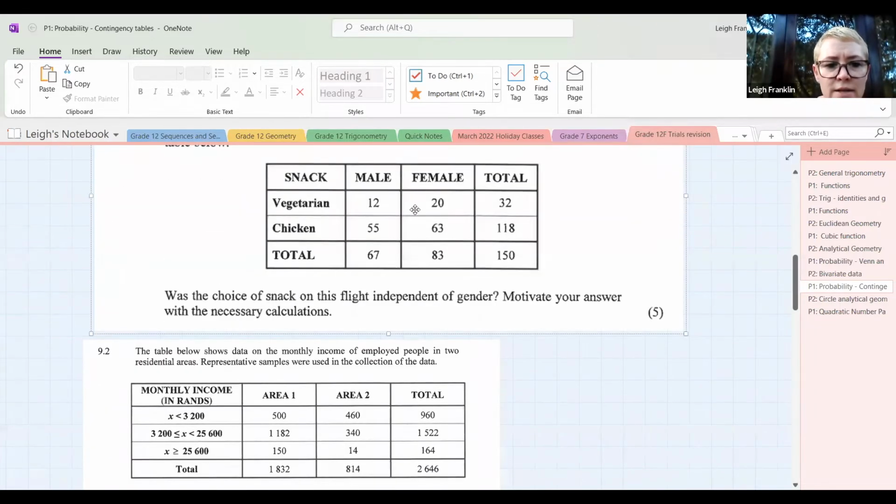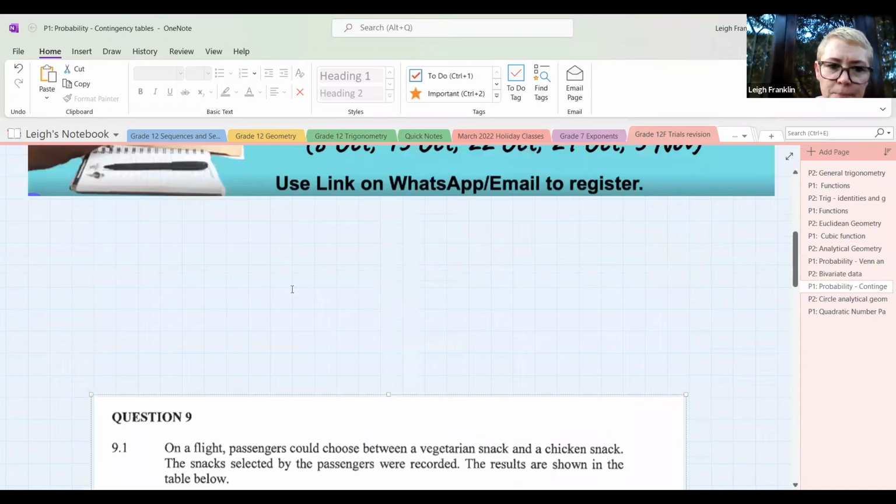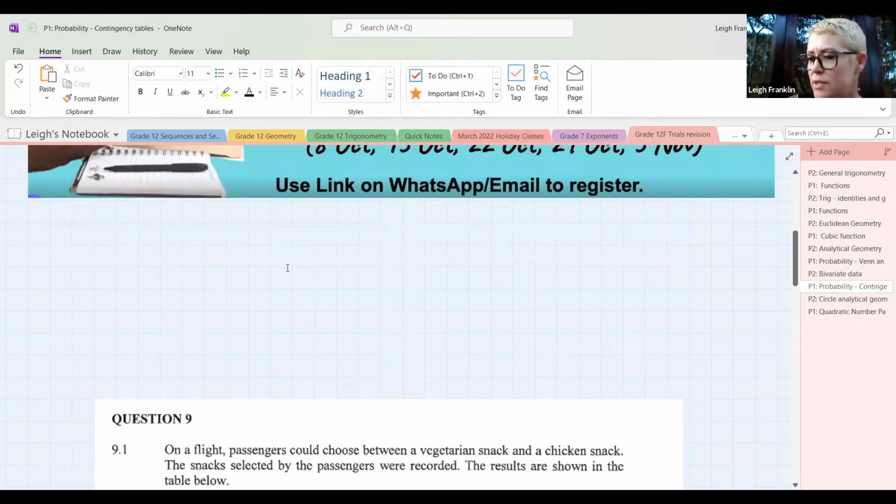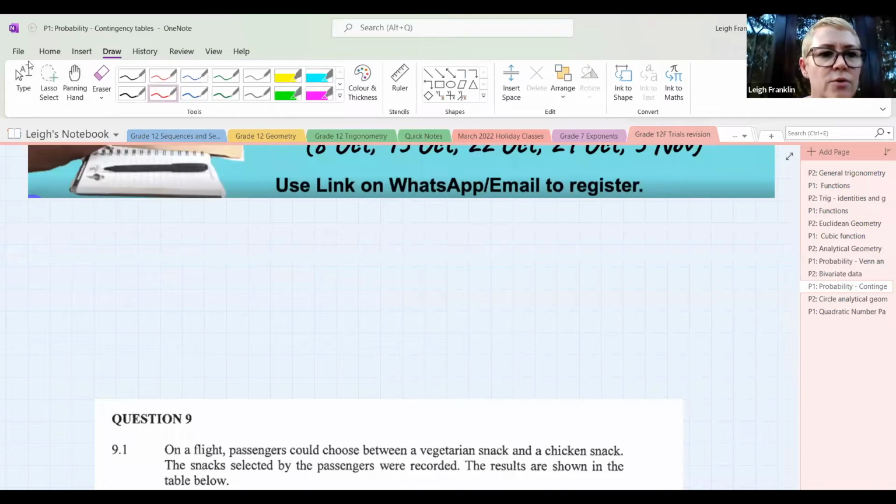Before we get started on answering the question, let's first talk about what it means in probability when we talk about events being independent. From what you recall, what are independent events? What does that actually mean for us?